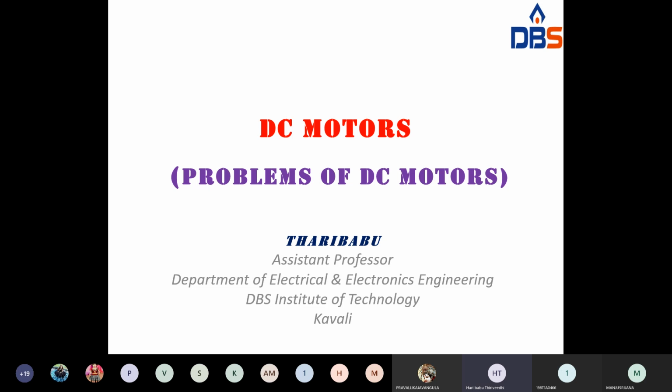Next, eddy current loss is due to the eddy currents. How are eddy currents produced? Whenever an armature rotates, it cuts the magnetic flux. An EMF gets induced in the core. That EMF will set up some leakage currents. Because of that leakage current, some power loss occurs.